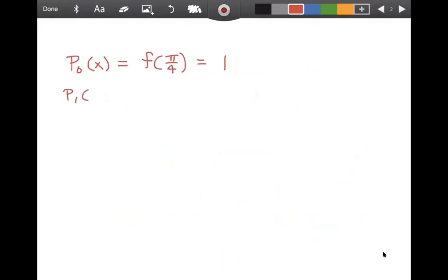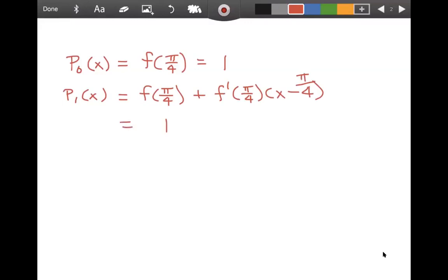The first degree Taylor polynomial is f at pi over 4 plus f prime at pi over 4 times x minus pi over 4. This pi over 4. I said it right, wrote it wrong. Now we can do that, right? Okay, so f at pi over 4 is 1. F prime at pi over 4 was 2. Okay, so my first degree Taylor polynomial is 1 plus 2 times x minus pi over 4.